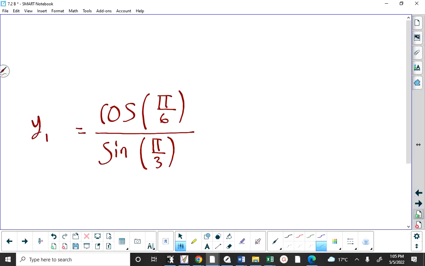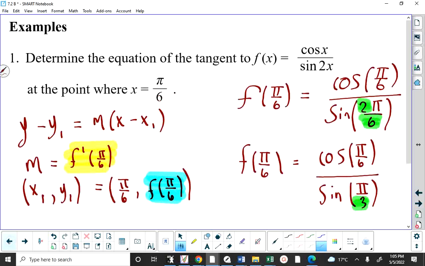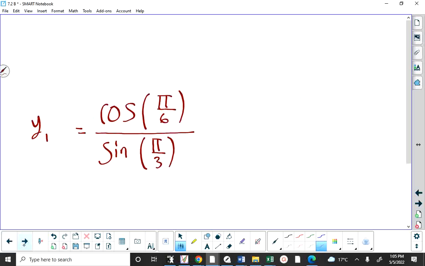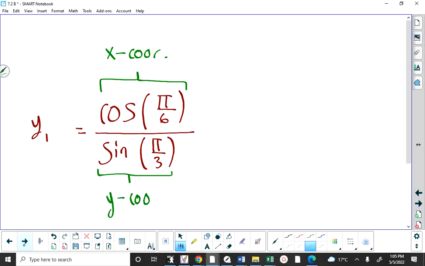This is y1. Did I write y2 over here? No, I wrote y1. Good. So I just want to remind you that using the unit circle as a tool, cosine of pi over 6 will be the x coordinate at pi over 6. Sine of pi over 3 will be the y coordinate at pi over 3.